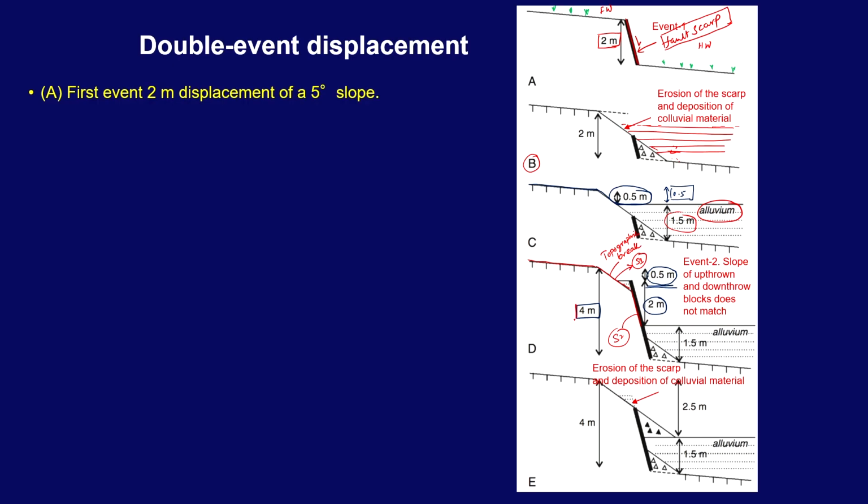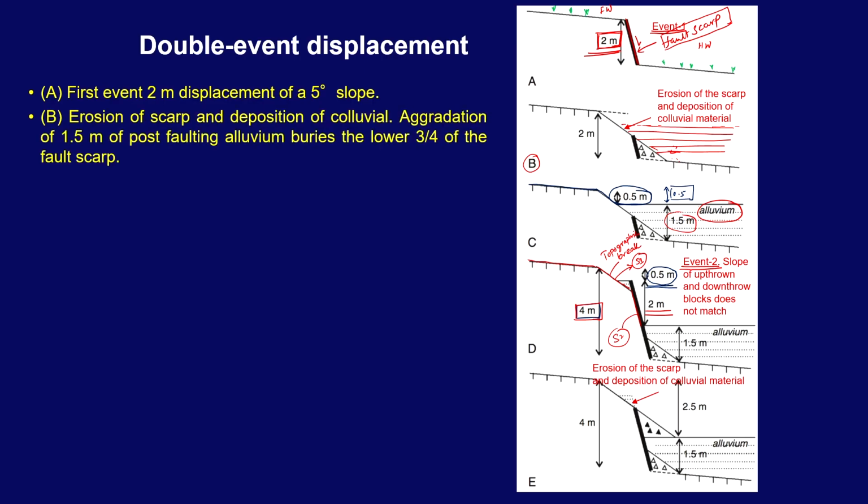So, now coming to this 4 meters, we get it from this displacement, that is the displacement we had in the second event, and the displacement of 2 meters from event 1. Then the third one, again you will have an erosion and then deposition, and that will result in a left out scarp height of 2.5 meters.